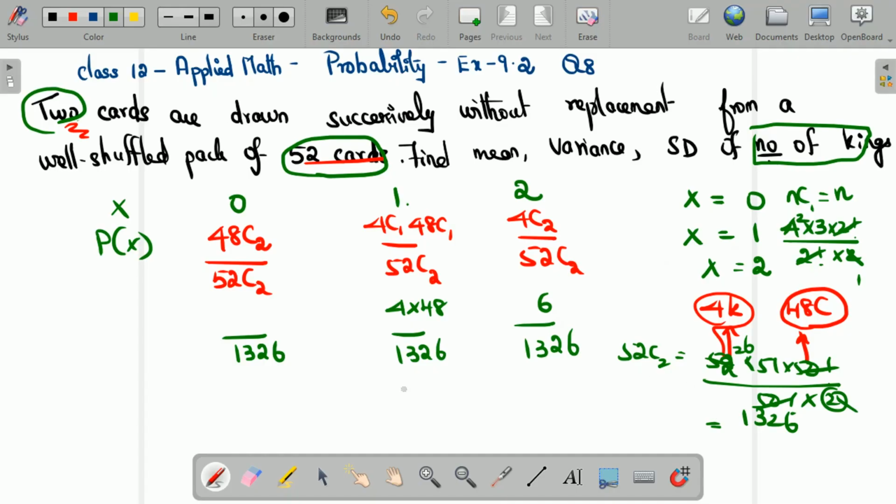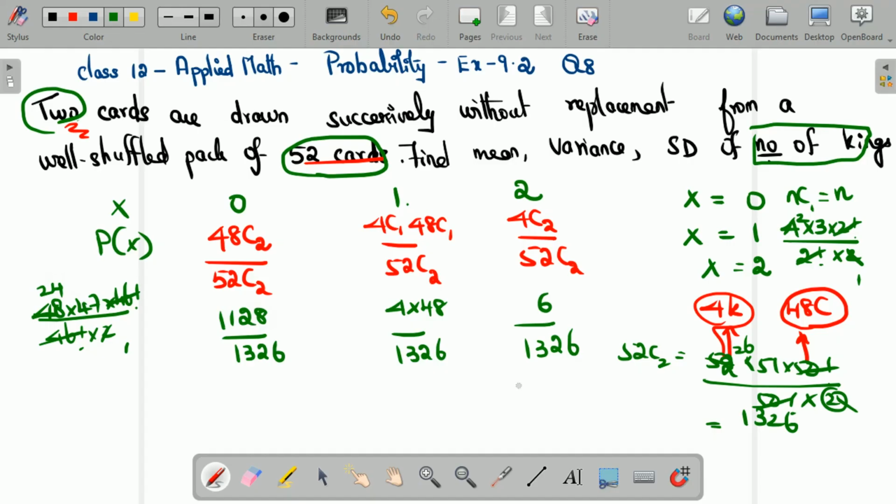And now for the last option, which is 48C2. So 48 into 47 into 46 factorial divided by 46 factorial into 2. 46 factorial will vanish. 1 times 24. So 24 into 47 is going to be 1128.